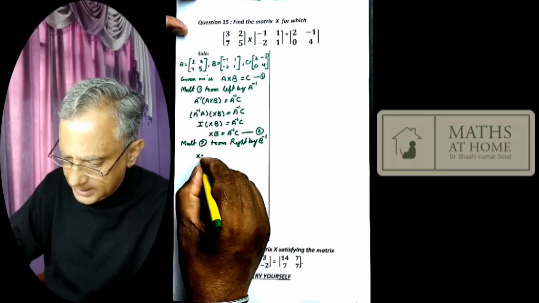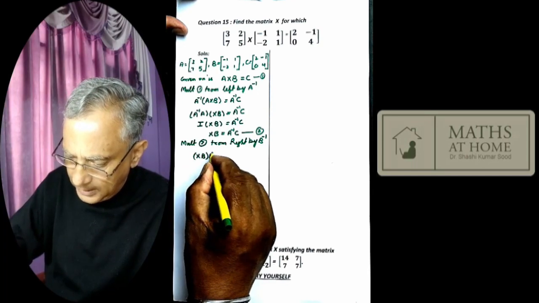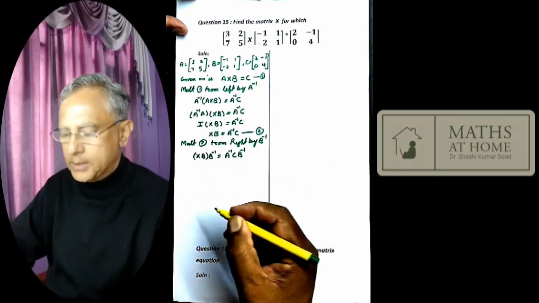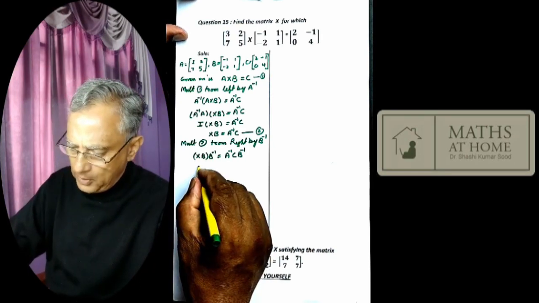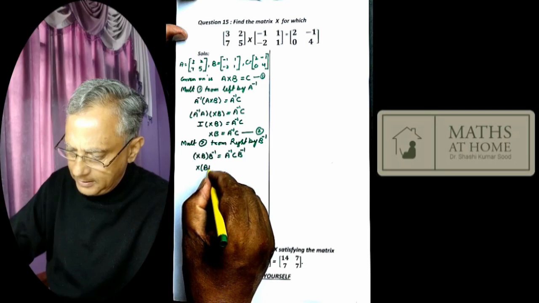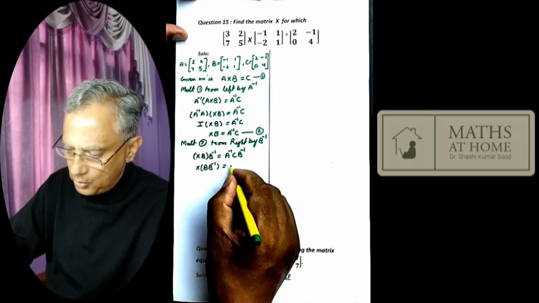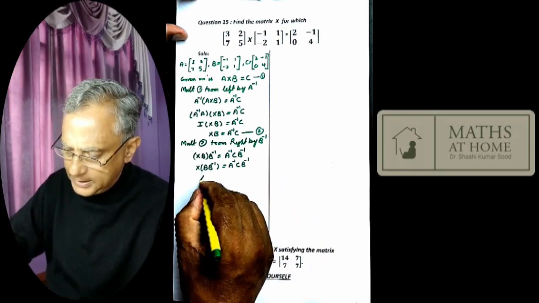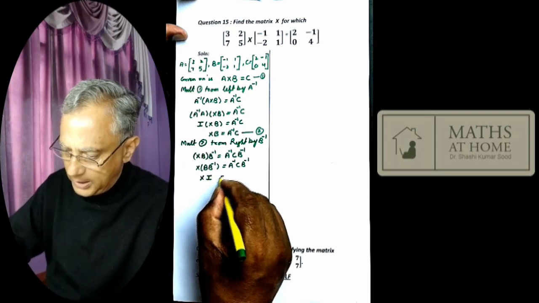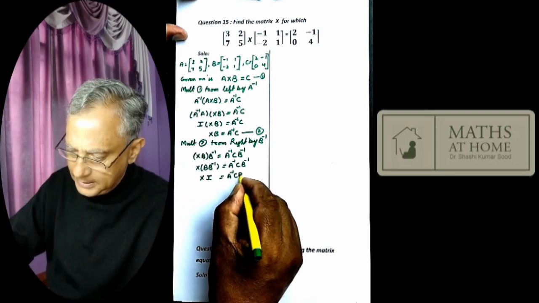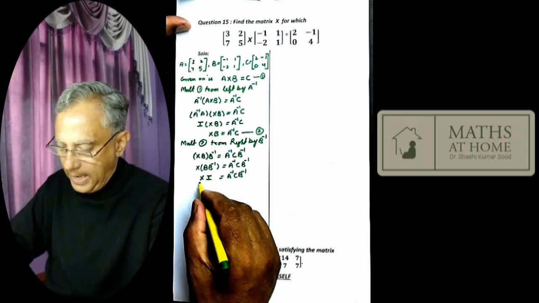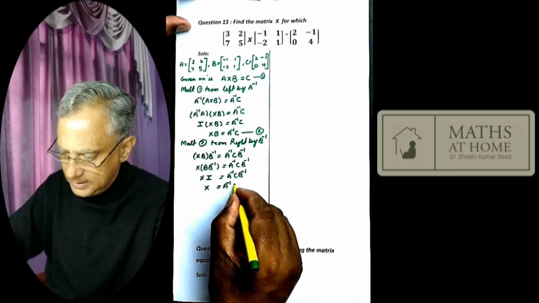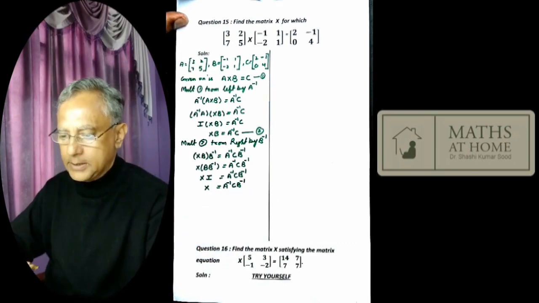So what we get is XB into B inverse is equal to A inverse CB inverse. Or by using associativity, we can write this as X into B B inverse is equal to A inverse CB inverse. Now B into B inverse is identity. So X into I is equal to A inverse CB inverse. And X into I is X. So we get X equal to A inverse CB inverse.